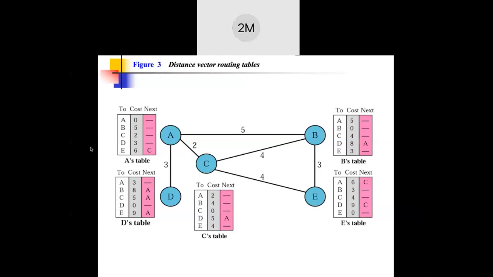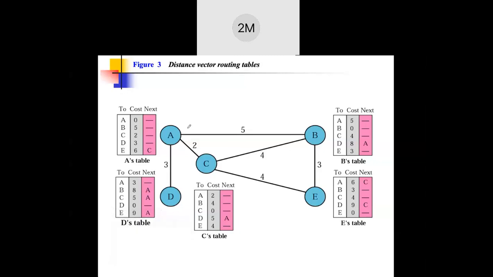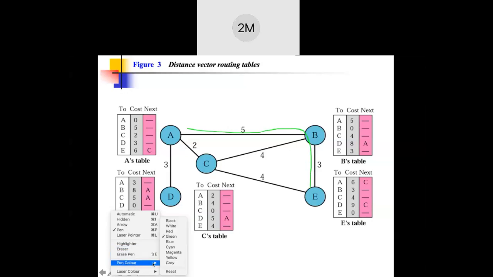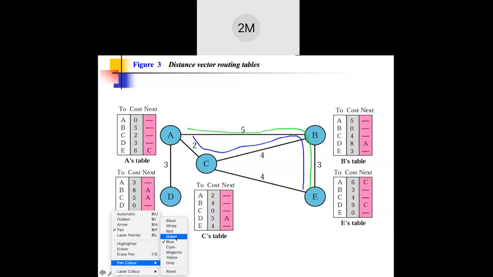So here, what we discussed last time is that from A to C there are different paths. One is this, another is this, and third is this.